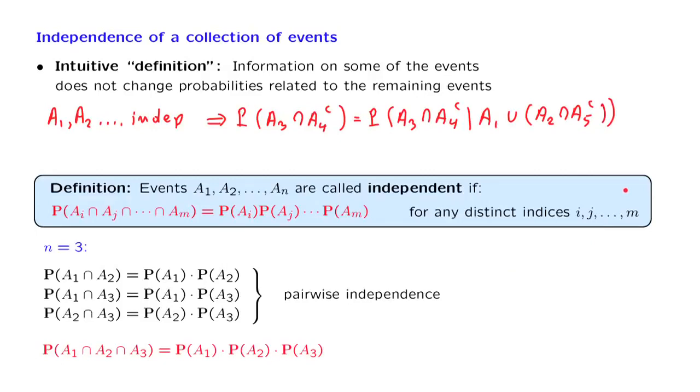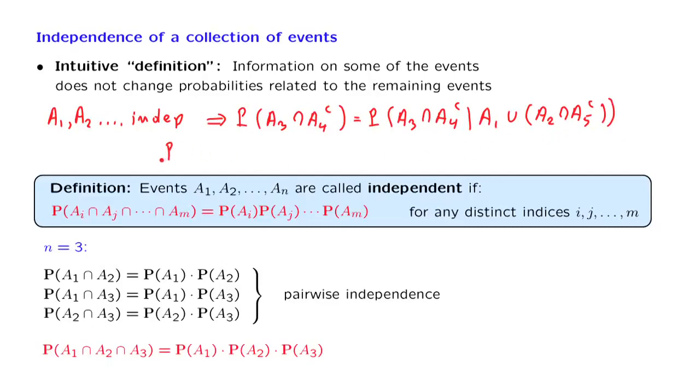Yes. One can prove formally that if the conditions in this definition are satisfied, then any formula of this kind is true. In particular, we also have relations such as the following.